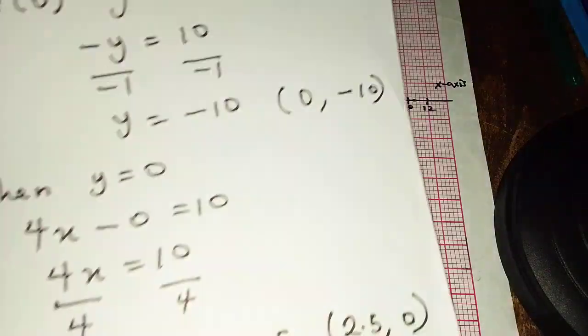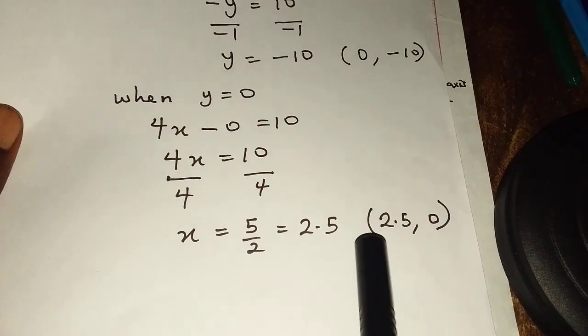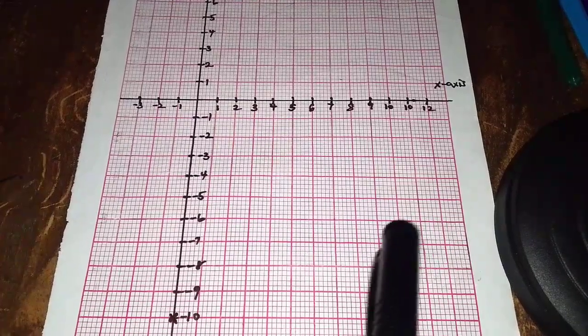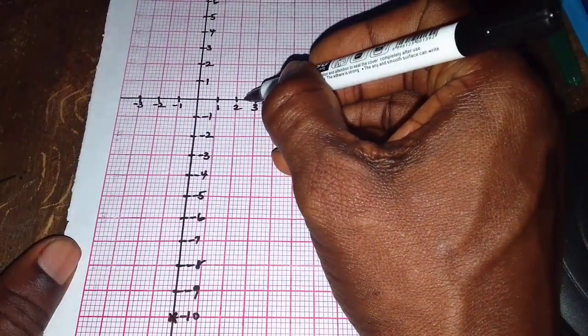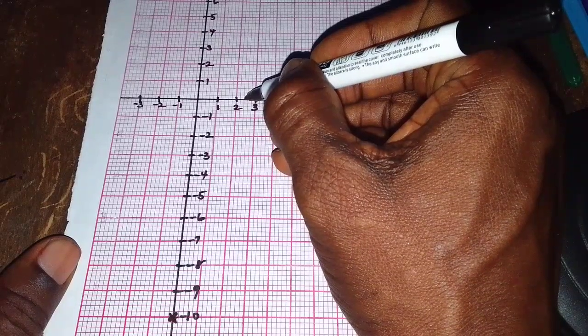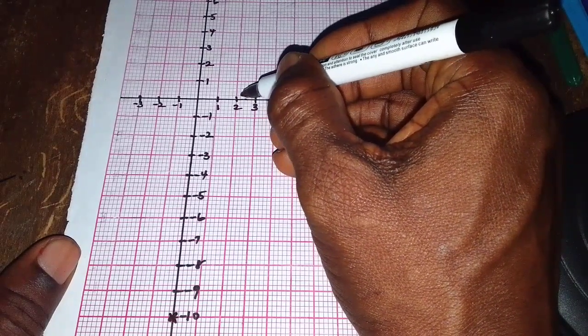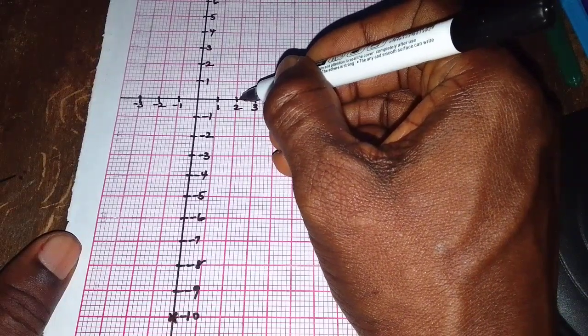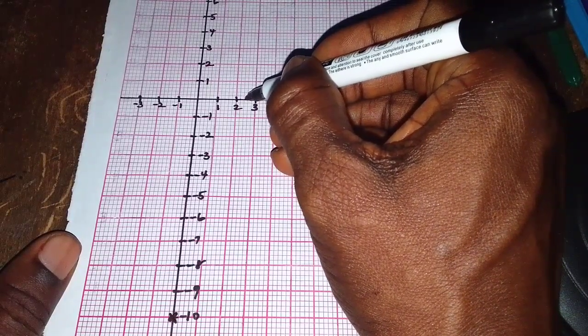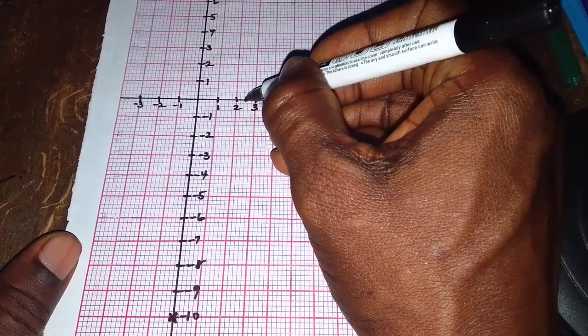Then when x is 2.5, y is 0. X is 2.5 at this point, y is 0. So at the middle here, each line represents 0.2. So if this is 2.2, 2.4, then 2.5 should be here.